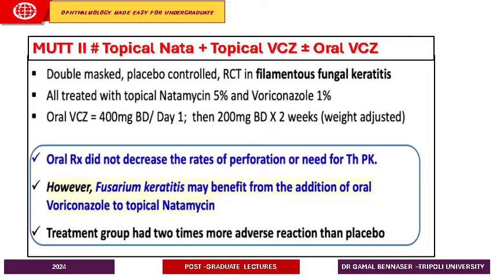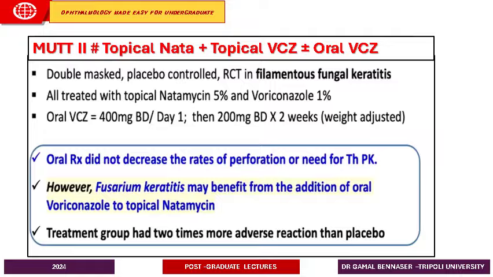Now, as for the MUT 2, they compared two groups. They used topical natamycin along with topical voriconazole in one group, and in the other group topical natamycin, topical voriconazole along with oral voriconazole. The study was a double-masked placebo-controlled trial in filamentous keratitis only.